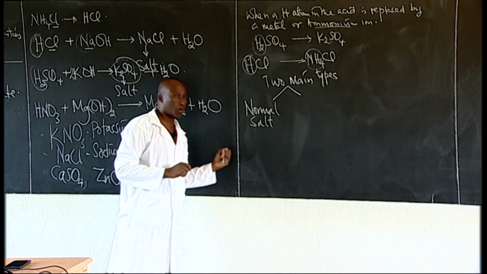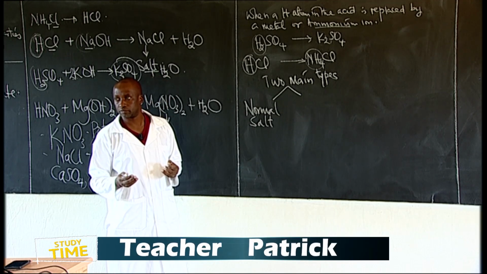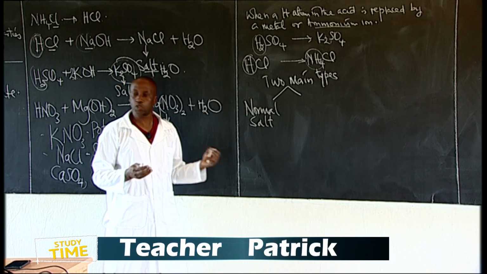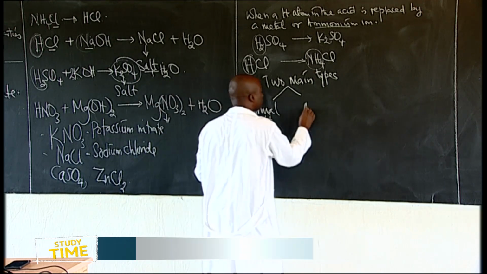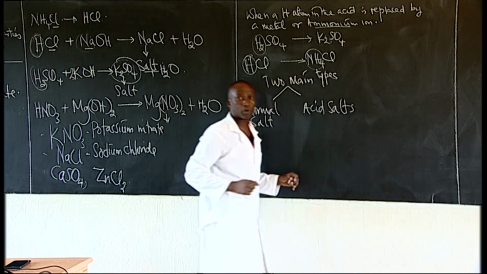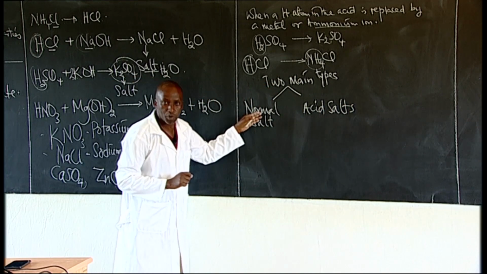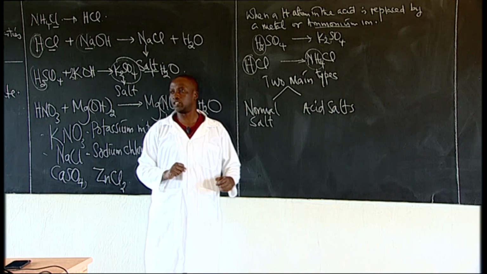If we have normal salts, which other salt do we have? Normal salts, and then we have what we call acid salts. We don't have abnormal salts because they are normal salts. What we have is the normal salt, and then another one is the acid salt.